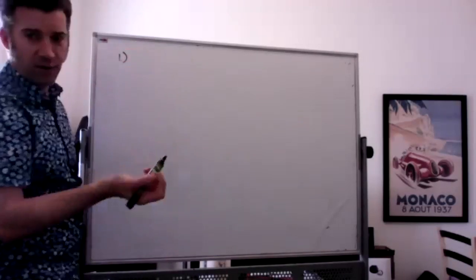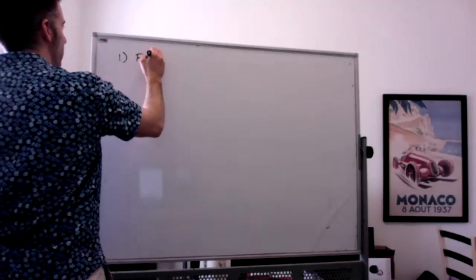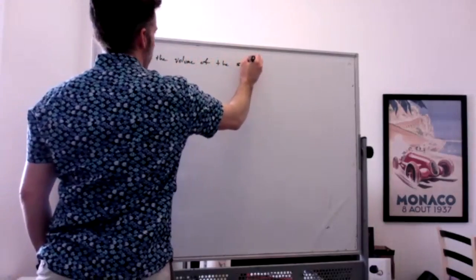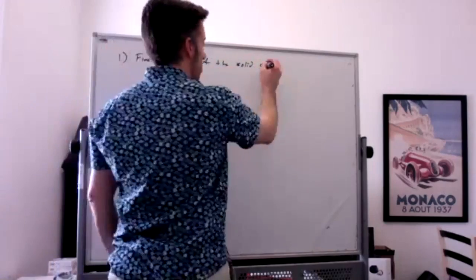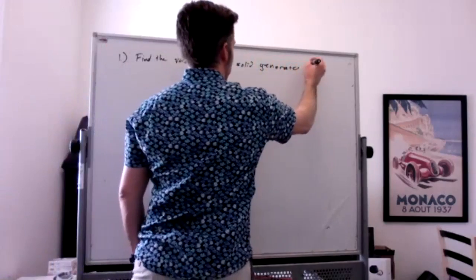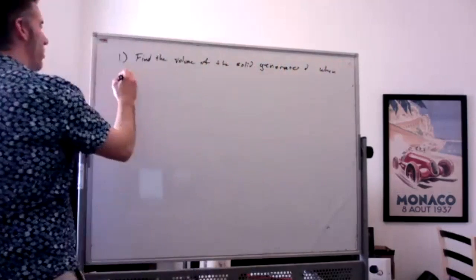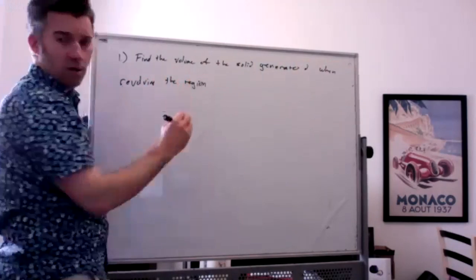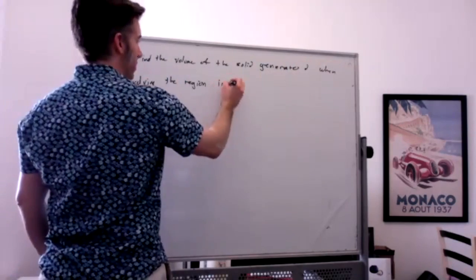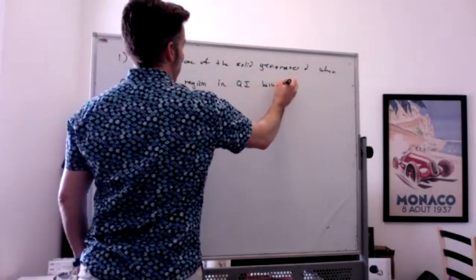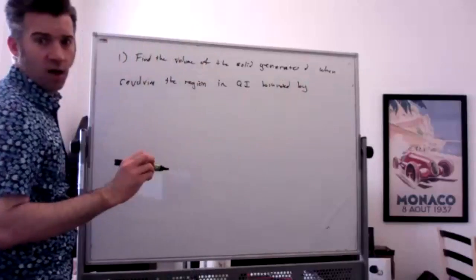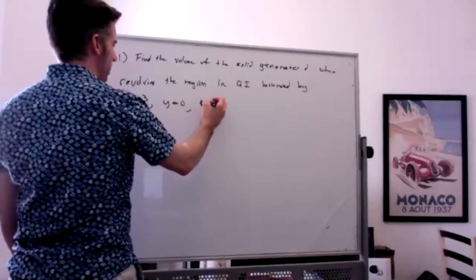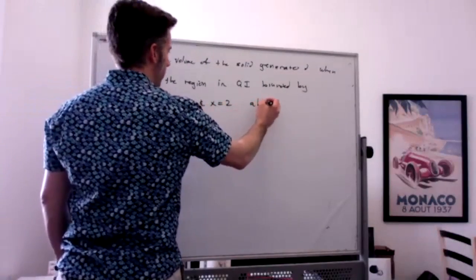I don't know why I'm calling it number one, but I want to find the volume of the solid generated when revolving the region bounded by, in the first quadrant, y equals x cubed, y equals 0, and x equals 2 about the x-axis.